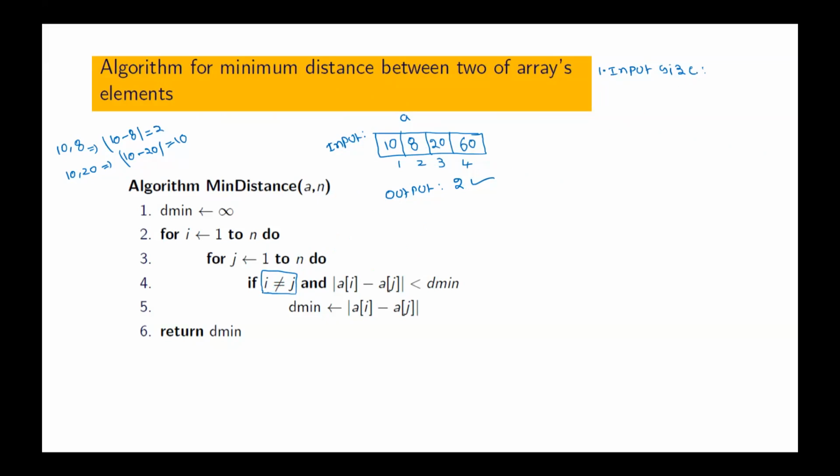Now, what is the input size here? N. How many elements are given to us? So we can take it as n. Next, what is the basic operation here? Our most important operation.